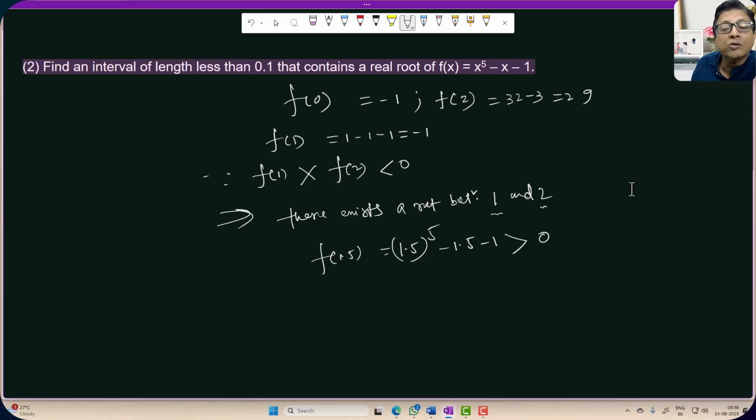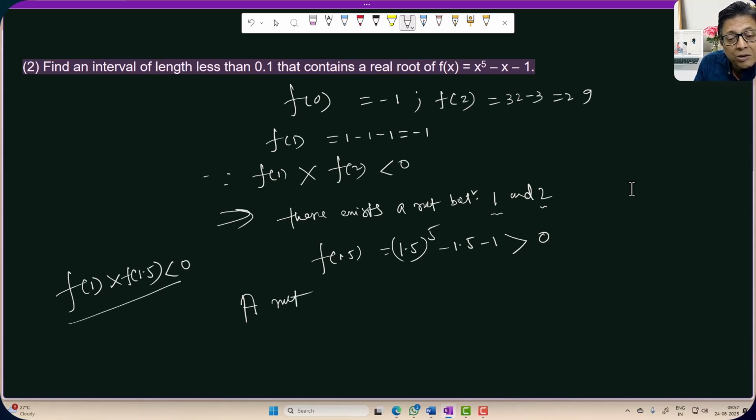So this is also greater than 0. So there is a root between. Now what have we got? f(1) into f(1.5) is less than 0. Therefore a root must lie between 1 and 1.5. This method later on we'll learn as the interval bisection method.